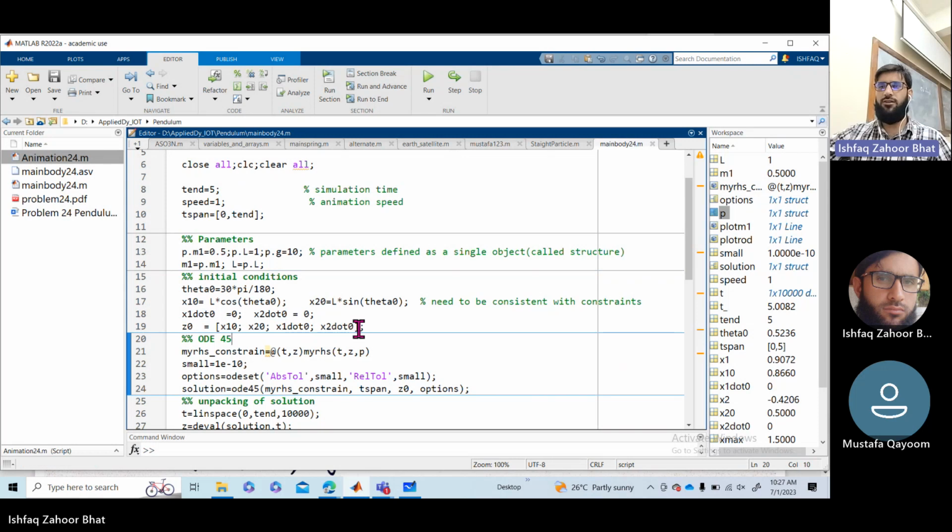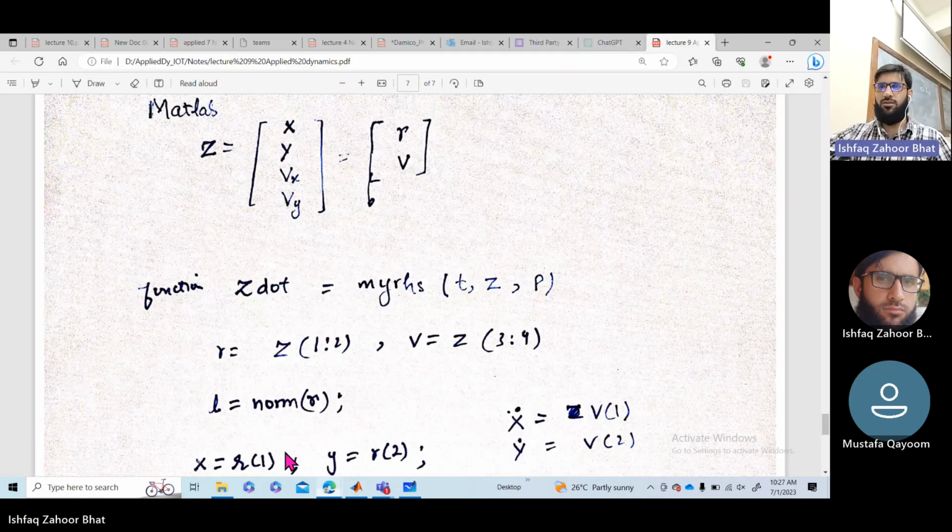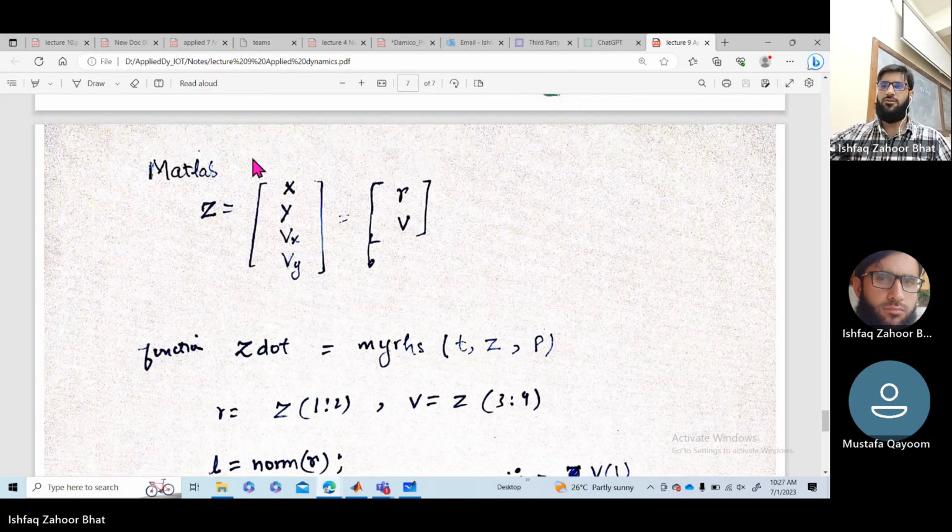Why am I taking initial values? Go back to this. I was assuming that I know this Z. And obviously the initial value of Z will be something, so I know T. P is the parameter and I know the parameter. So everything here I know.